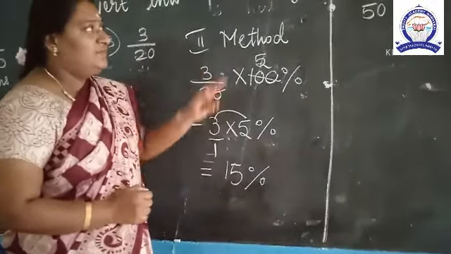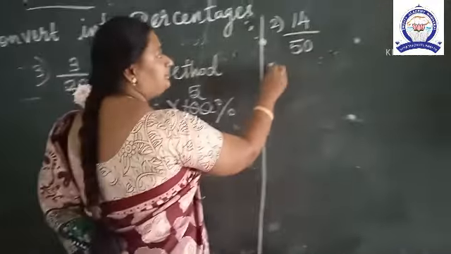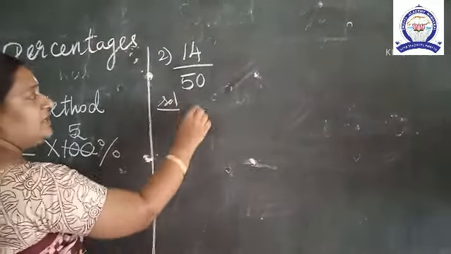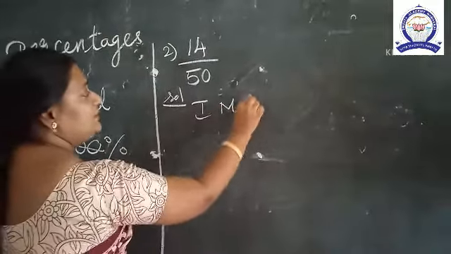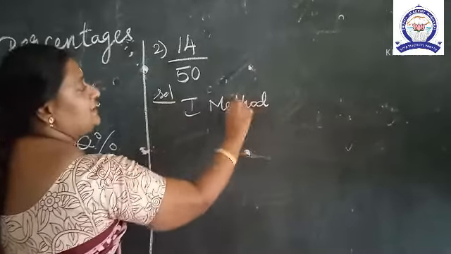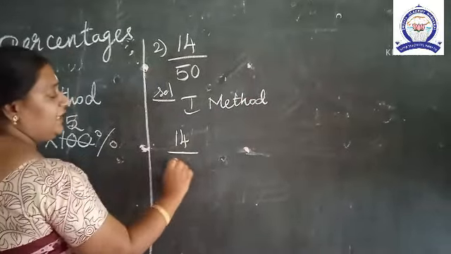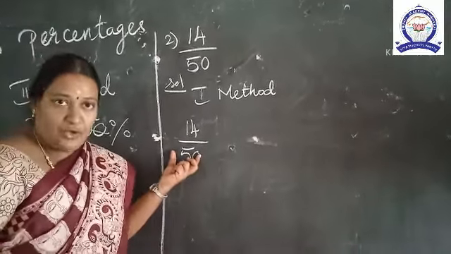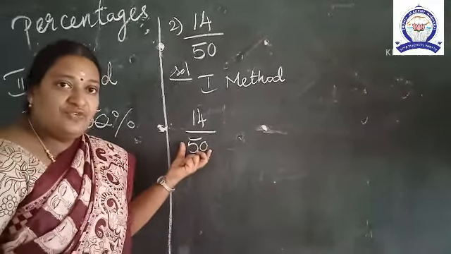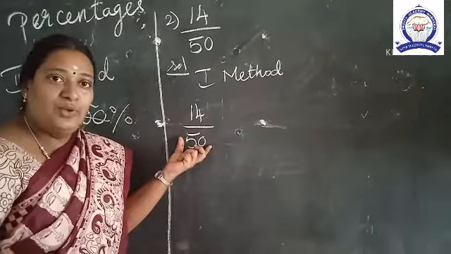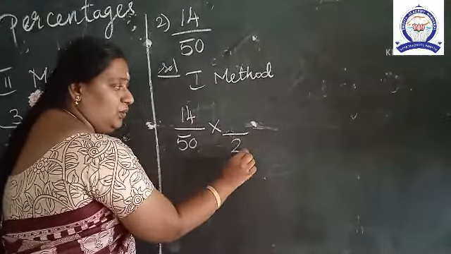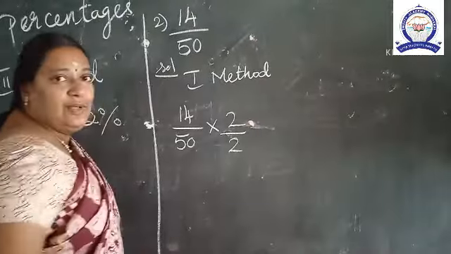Okay children, see the second sum solution. First method, how to solve? Listen, 14 by 50. In the first method, the denominator should become 100. Here it is 50, so to make it 100 we multiply by 2, and multiply the numerator by 2 also.